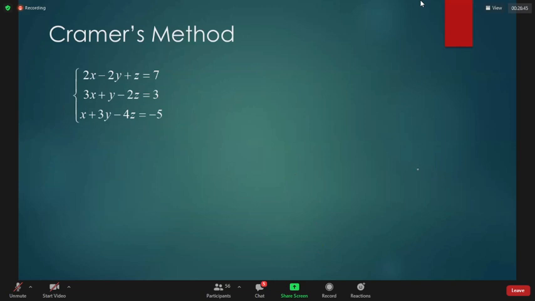So the system matrix, we see that the system matrix is 2, minus 2, and the third coefficient is 1. Next, 3, 1, minus 2, and then 1, 3, minus 4. That's the system matrix. Now we can write down all the determinants. I can also write that, of course, the unknown matrix is x, y, z.